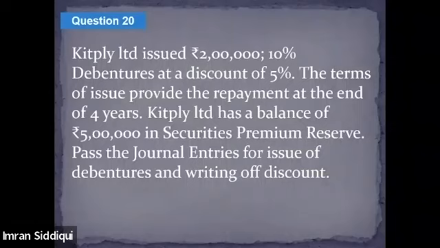Question number 20 it is. So first of all, we'll have to pass the entry for issuing the debentures, right? So Ply Limited has issued 2 lakh debentures, 10%, at a discount of 5%.